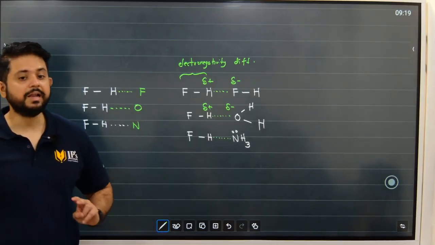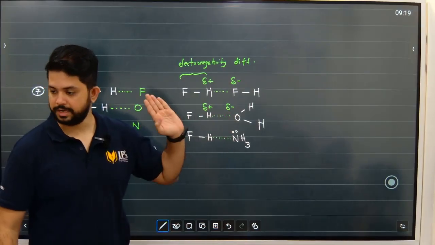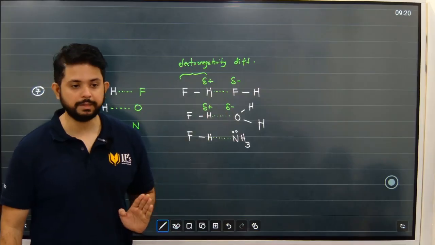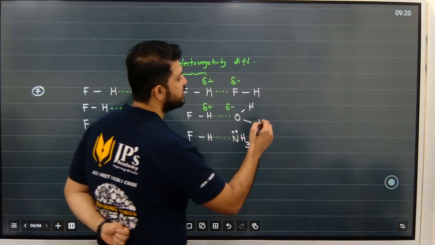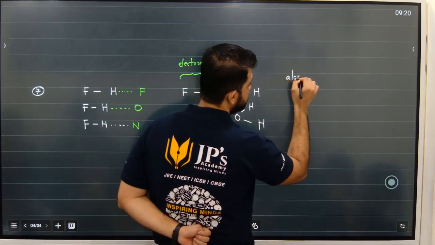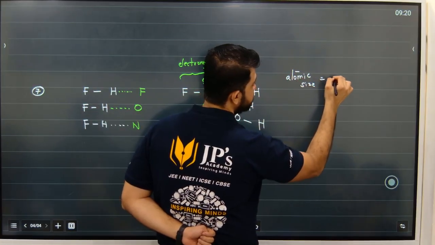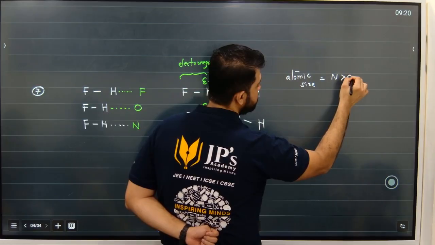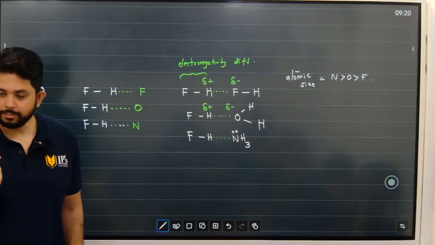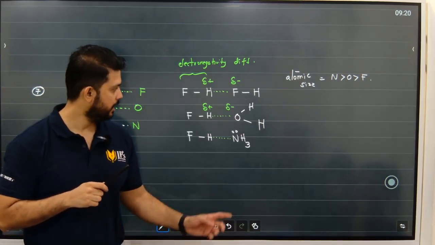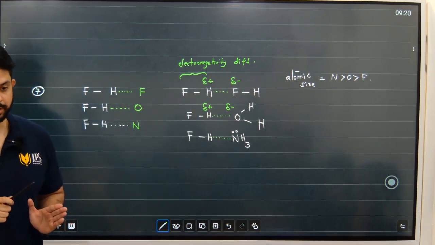The second parameter I can check is size. So nitrogen, oxygen, fluorine, as I go from left to right in the periodic table, the atomic size decreases. So if I compare atomic size, what is the atomic size trend? Biggest size will be nitrogen, then oxygen, and then fluorine. So from an atomic size perspective, this first bond seems to be the stronger bond.